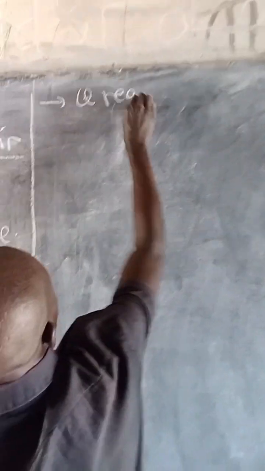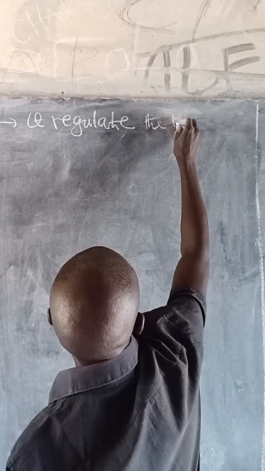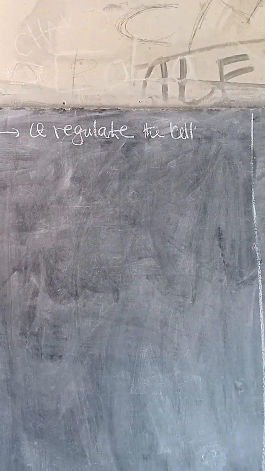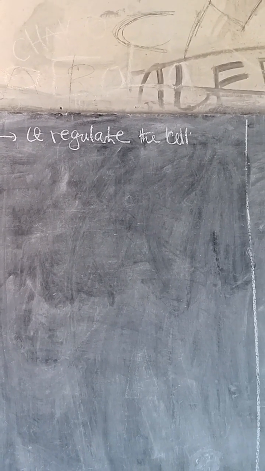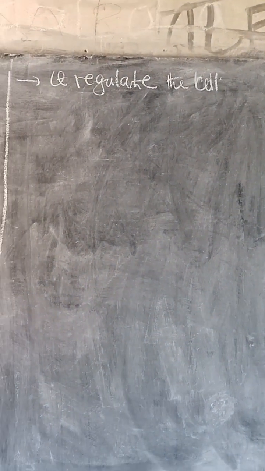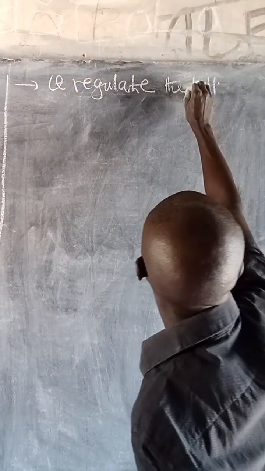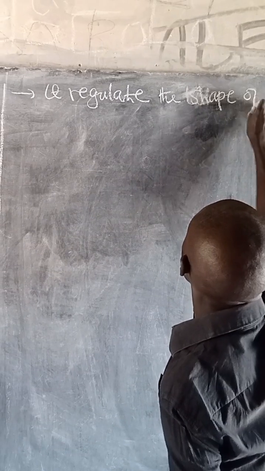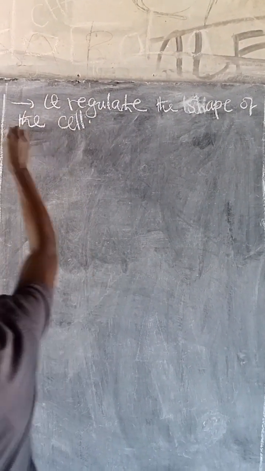So how the cell will appear depends also on the structure of the cell membrane. It regulates the shape of the cell, which is one of the functions of the cell membrane.